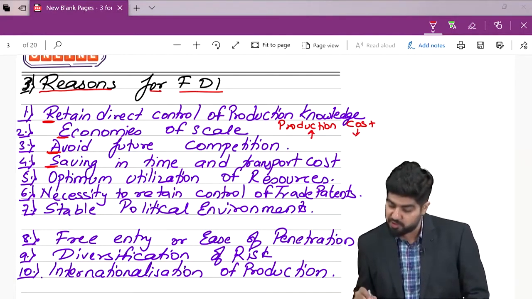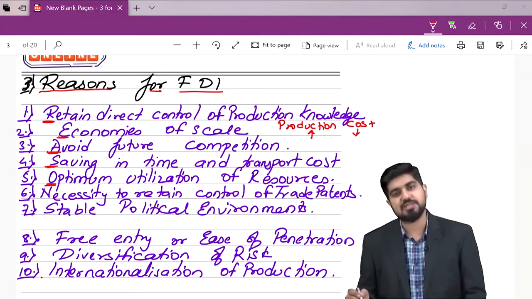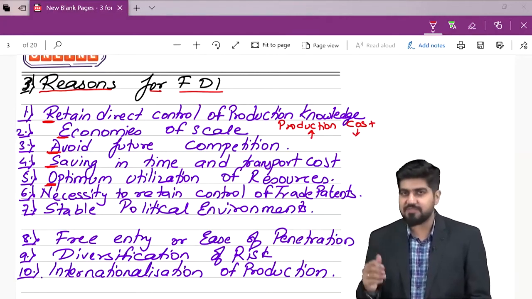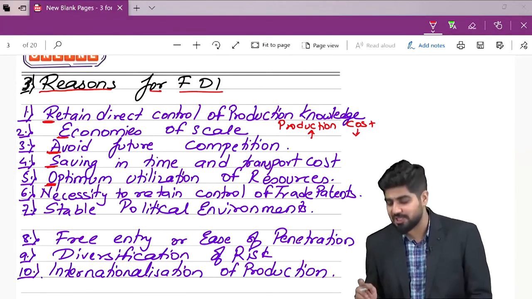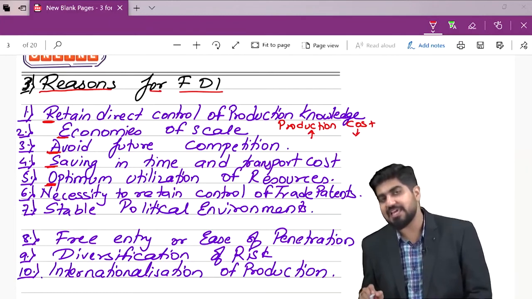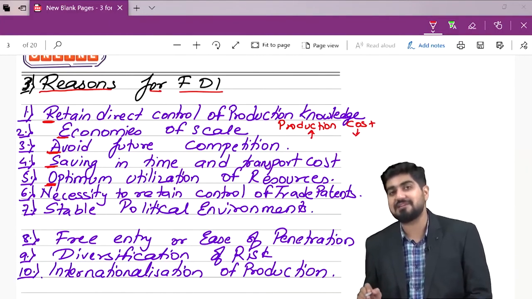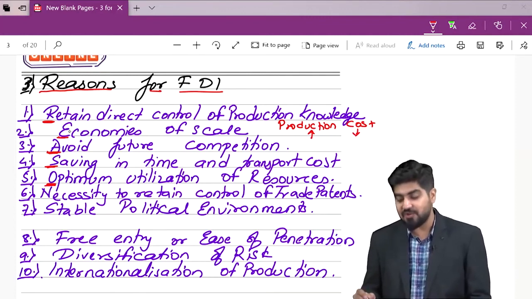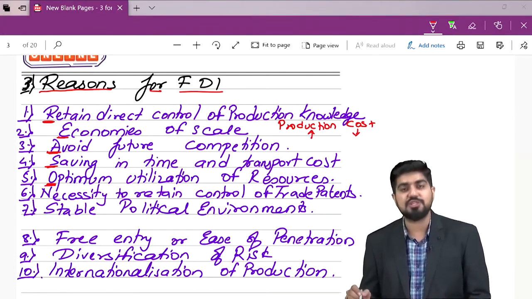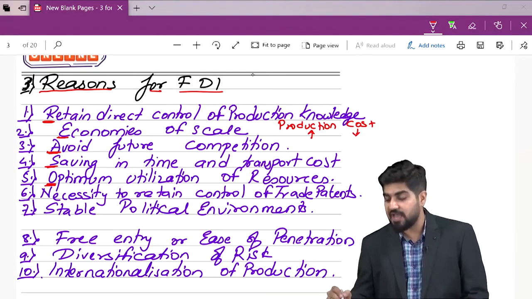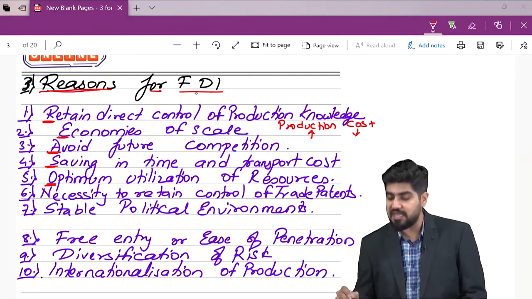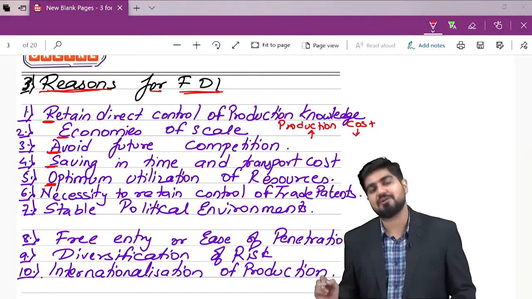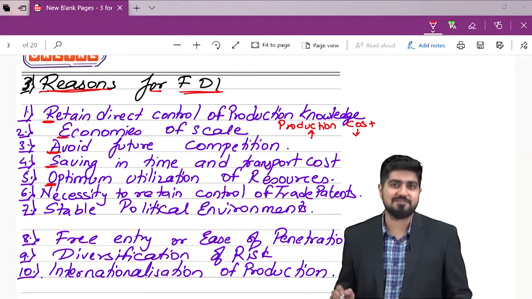So that's our next point, students. Optimum utilization of resources. Five points we have covered so far. By now you must have understood the logic why I am underlining each and every initial letter in every point. Yes, you got it right. We are trying to create a code here. The question here is reasons for FDI, and the answer will be REASON FDI, where R stands for retain direct control of production knowledge.